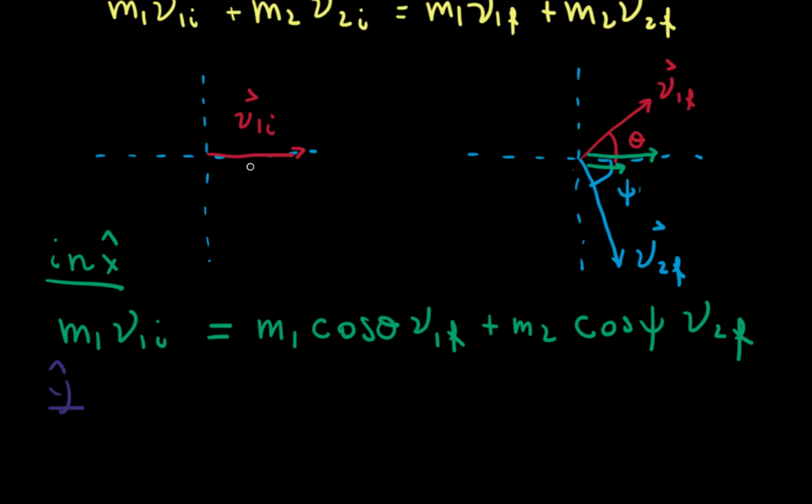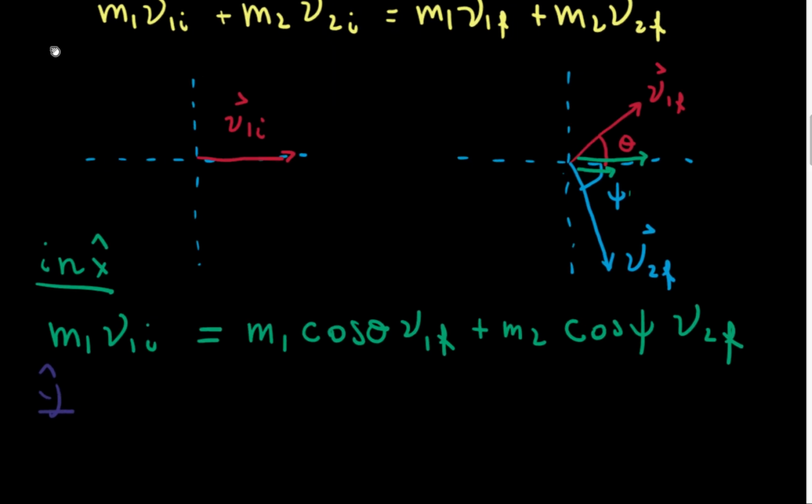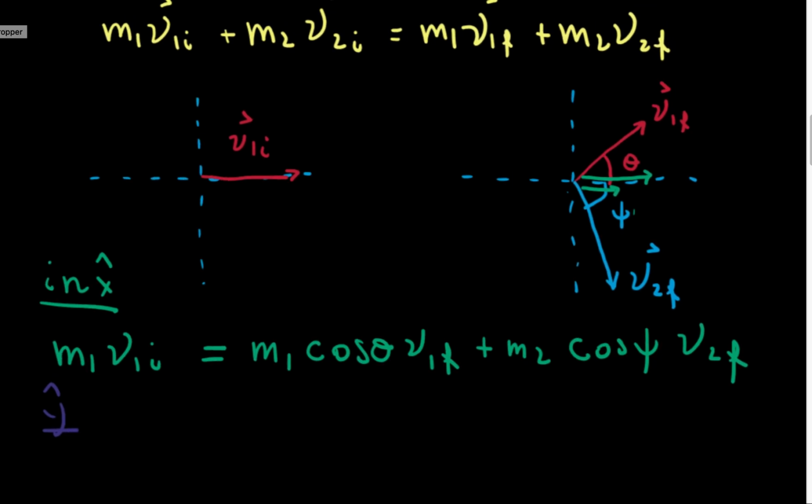Velocity 1 initial is completely in the x, so this term is 0 as far as motion going up and down, right? Velocity 2 initial is 0 inherently. The object is not moving whatsoever, no directional movement. So this whole side of the equation is 0.